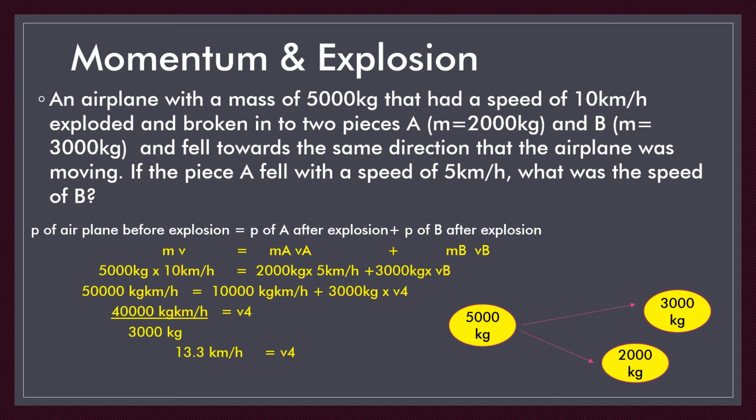When we apply the data to the equation, we don't need to consider the direction of pieces A and B, because the pieces have fallen towards the same direction that the airplane was moving. When we apply the data to the equation, we get the velocity of piece B as 13.3 kilometers per hour towards the same direction that the airplane was moving.